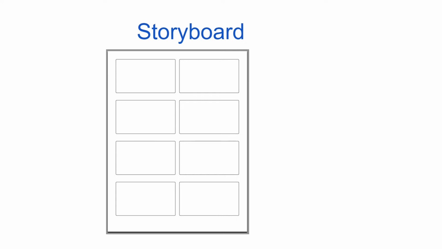The storyboard is kind of like a comic book. If you've ever read a graphic novel or a comic before, then the storyboard is very alike. The storyboard basically shows what's going to be filmed in every scene of the movie.